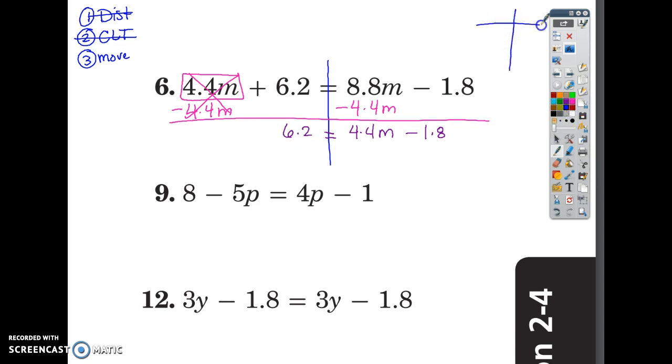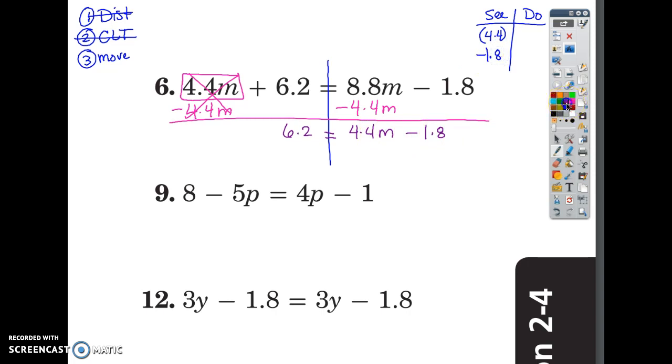So what do you see happening with the M? It's multiplying by 4.4. And I did parentheses just so you know that that's multiplication. What else is happening after they multiplied? They subtract by 1.8.